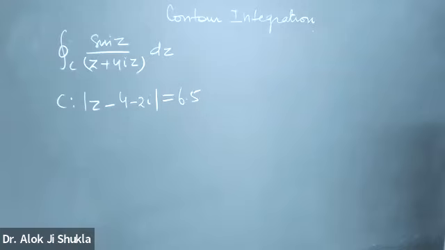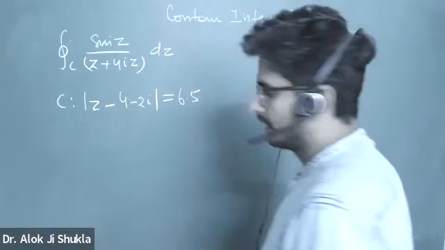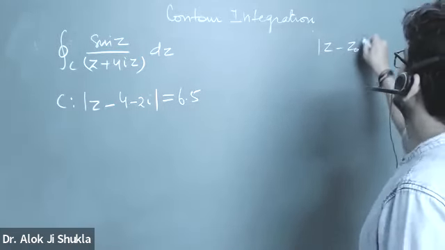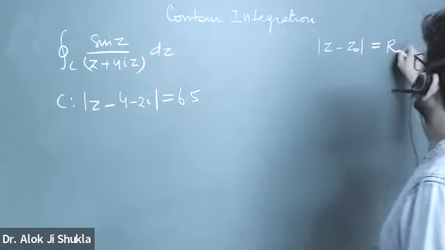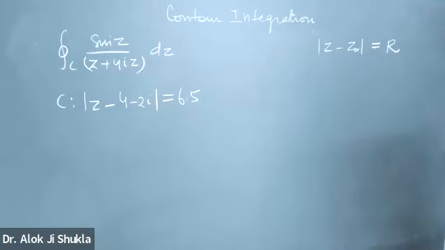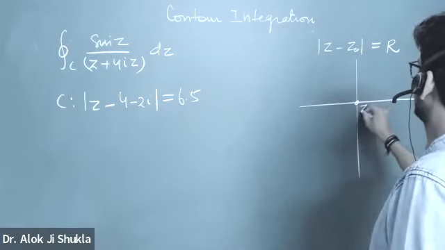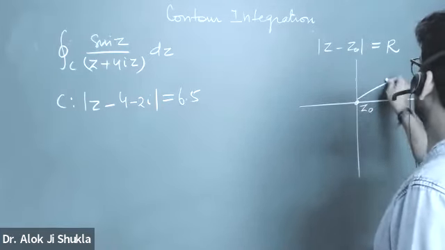Now please understand, if some equation like this is given, mod of z minus z naught is equal to r, that means your circle has center at z naught and radius is r.